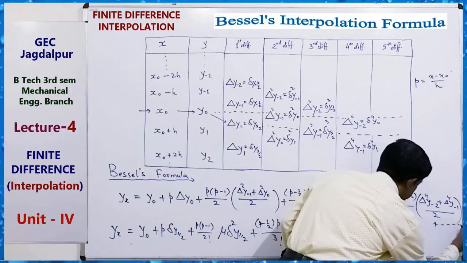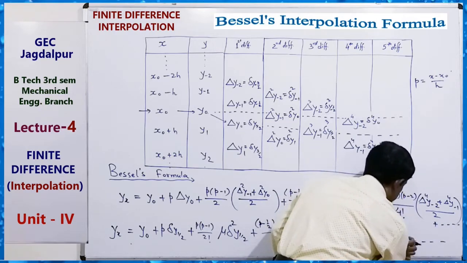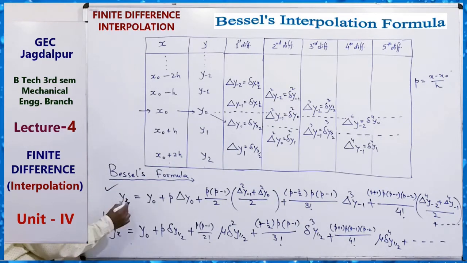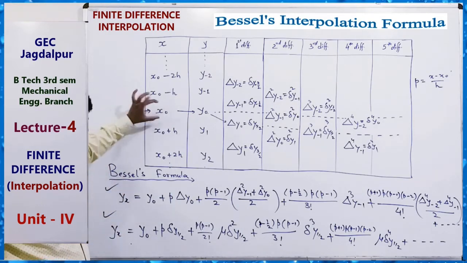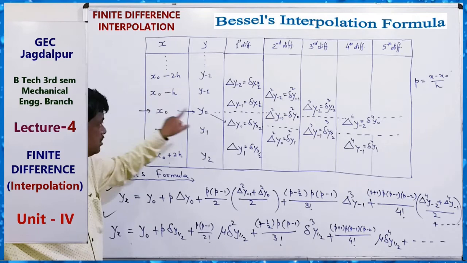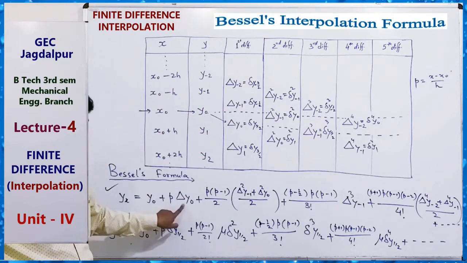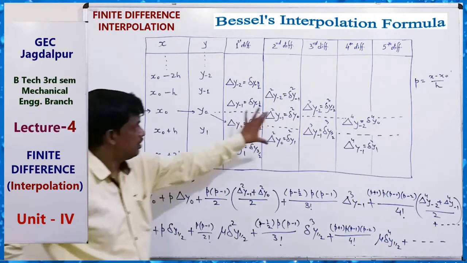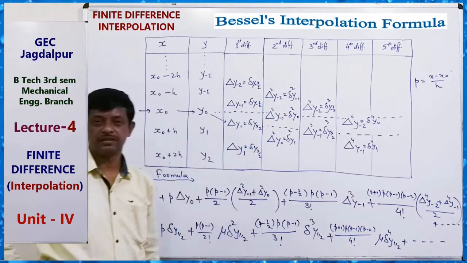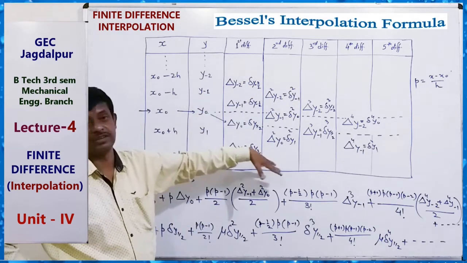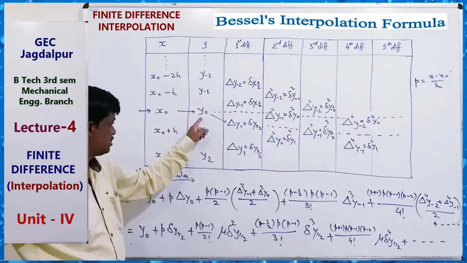So this is the formula. You can write either in this form or in this form. Table is this. Okay. For Bessel's formula, just decide the origin point, and then this is y0 and then this, y0 and then this with p, and then average and this average and this. For Stirling formula, just the central line. For Bessel's formula, just below the central line. So this first and then this.